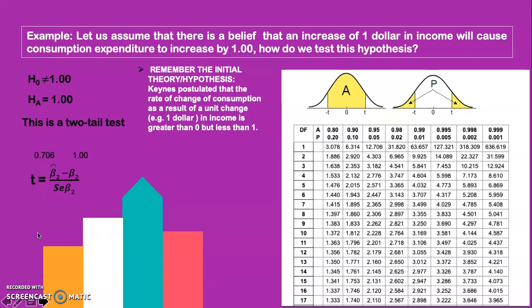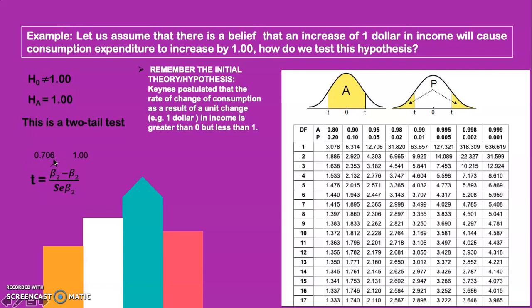Let us assume that there is a belief that an increase of $1 in income will cause consumption expenditure to increase by 1. How do we test this new hypothesis? Remember that our analysis shows us that beta coefficient is 0.706.